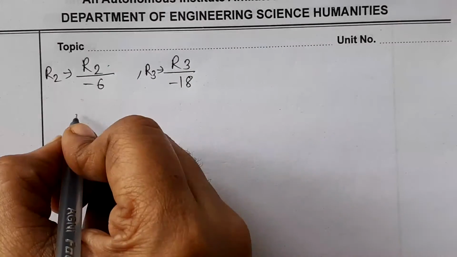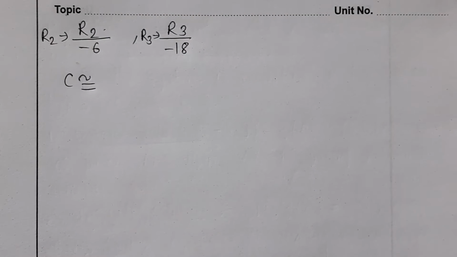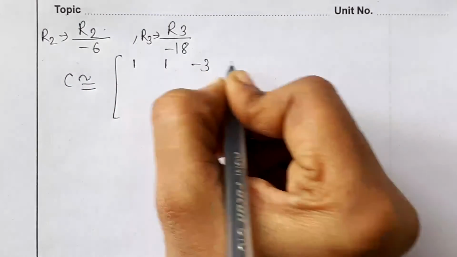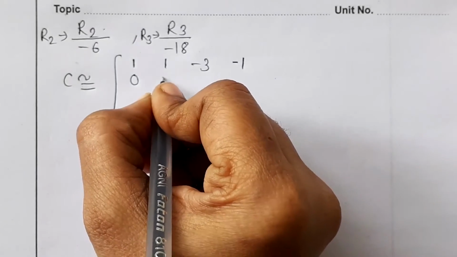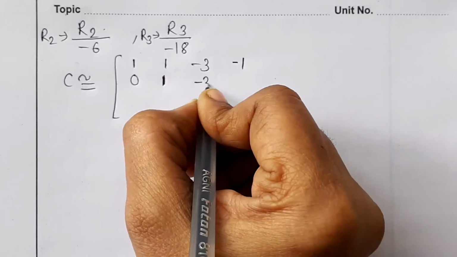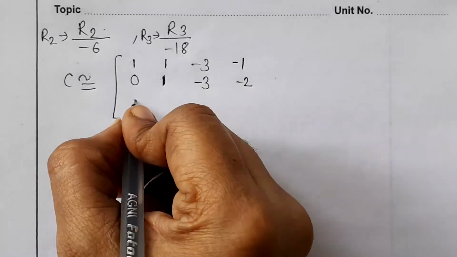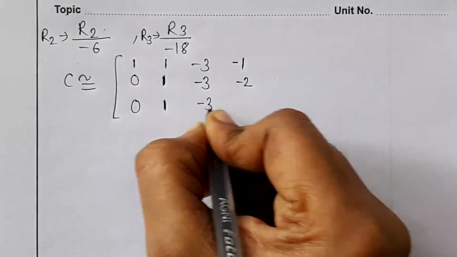Now the C matrix becomes 1 1 minus 3 minus 1, then 0 1 minus 3 minus 2, then 0 1 minus 3 minus 2.